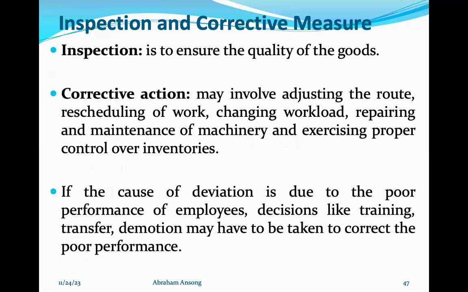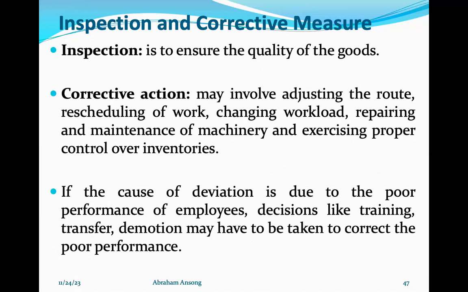Then part of follow-up is to do inspections and corrective measures, right? So the follow-up is to make sure you don't have any deviations at all. But when you finally get your finished product, you still have to inspect, because in spite of all the follow-up, there may be some problems with the finished product at the end of the day.